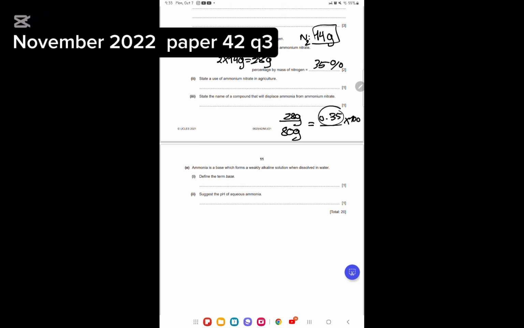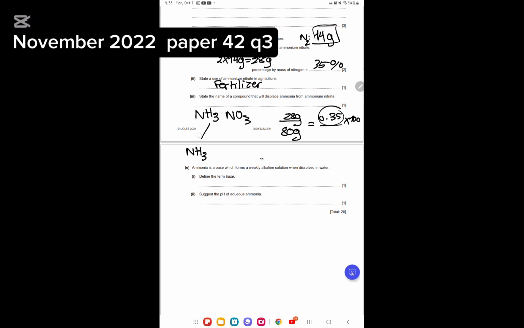Now state the use of ammonium nitrate in agriculture. It is used as a fertilizer. All right, state the name of a compound that will displace ammonia from ammonium nitrate. So in ammonium nitrate, it is NH4NO3. And then they need us to get NH3.